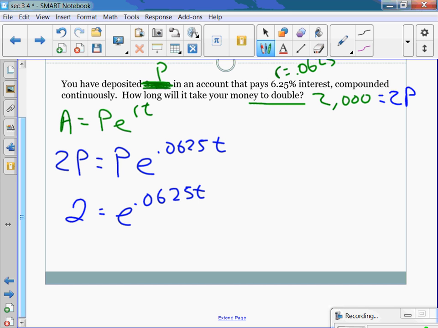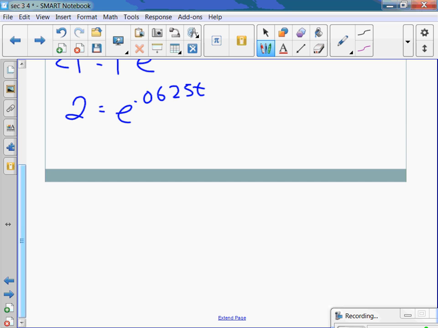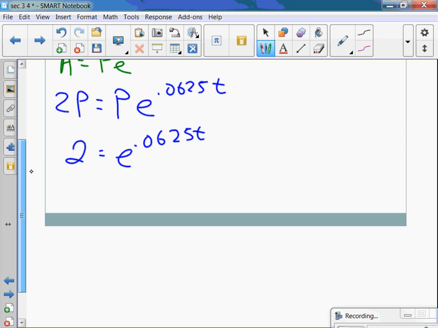So what do we do now? Convert it to log form, okay. Or again, convert it to log form, or just take the natural log of both sides, whichever you're more comfortable with.